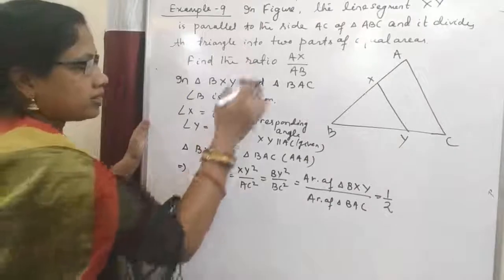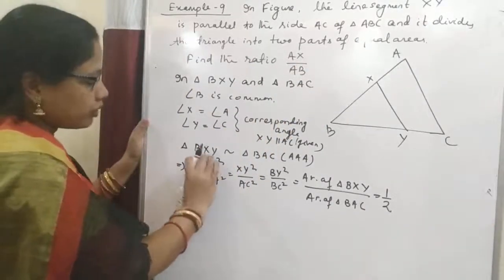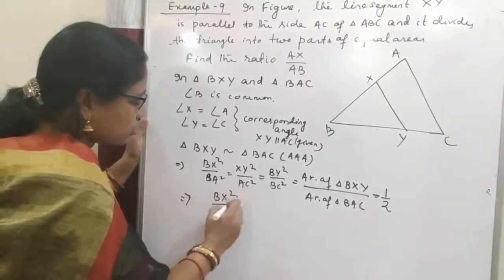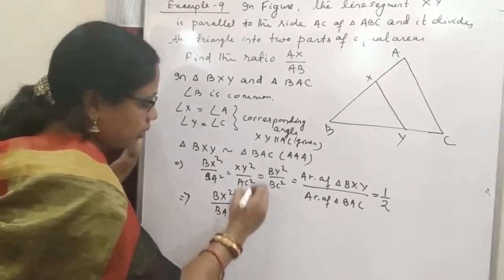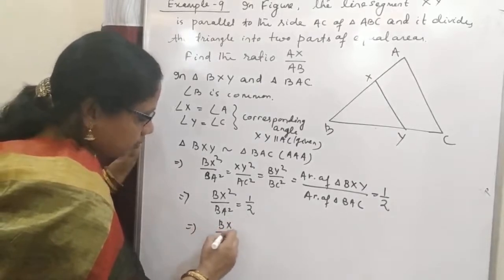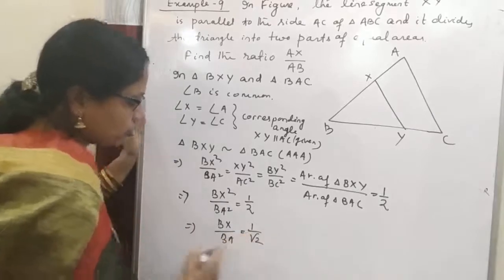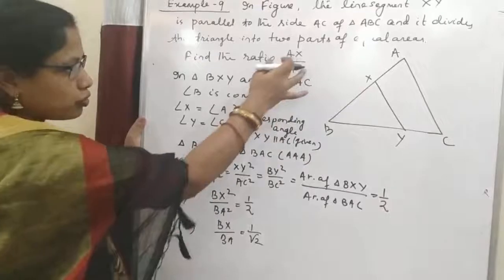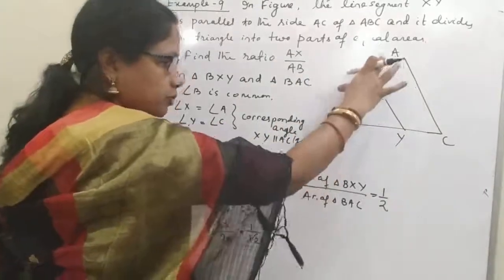Here as we have to find AX by AB, we take only this ratio. So this implies BX square by BA square is equal to 1 by 2, or BX by BA is equal to 1 by root 2. Here we have to find AX by AB. To find AX, we have to subtract BX from AB.